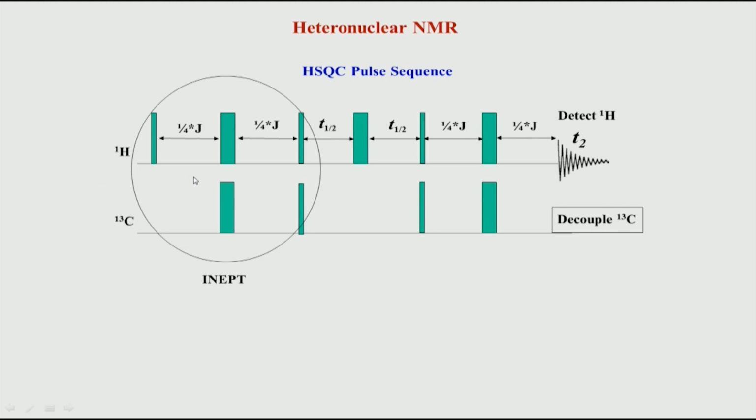When you apply pulses, you apply them on a proton channel. Dedicated amplifiers, frequency generators and preamplifiers are dedicated for protons, and another set is dedicated to carbon. So when you apply a pulse on the proton channel, it is shown on the proton line, whereas pulses on the carbon channel are shown on the carbon line. This is typically the diagram.